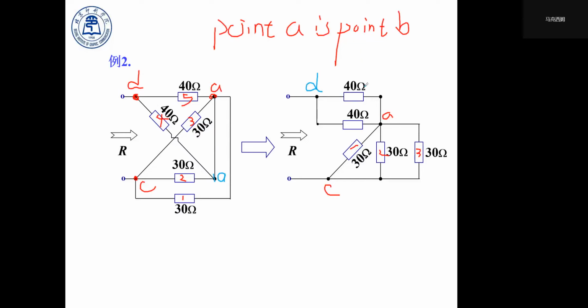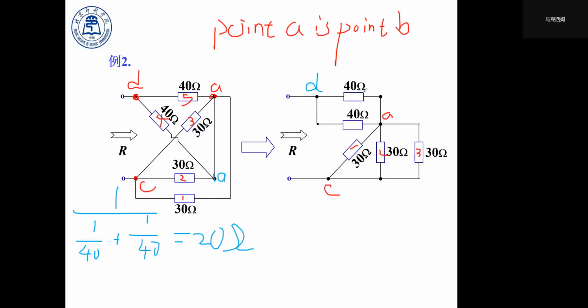First things first, we calculate the parallel connection of the first two 40 ohm resistors. Since they are in parallel, the total branch equivalent resistance is the reverse of the sum of the reverse of 40 plus the reverse of 40. So it must equal 20 ohm.